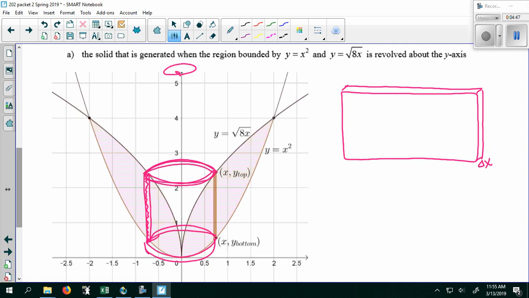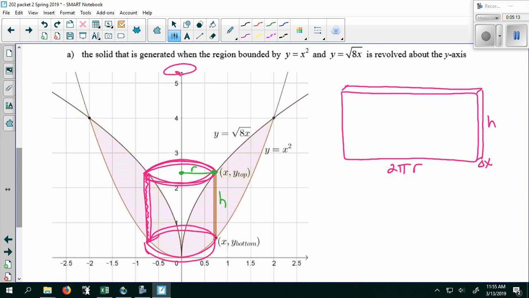So to find the circumference, that's 2 pi r, where r is the distance from the center of the cylinder to the edge. So we'll call that r. And then the height of the shoebox is the height of the rectangle. It's the height of your cylinder. So this is h.